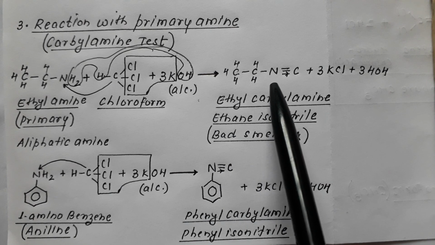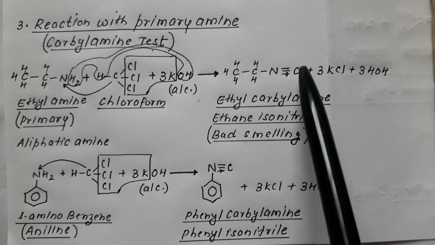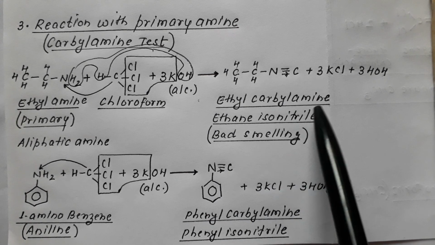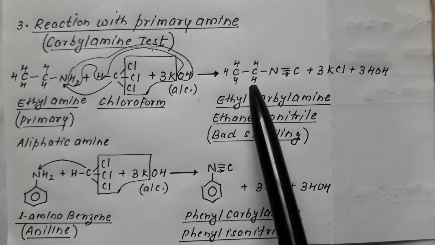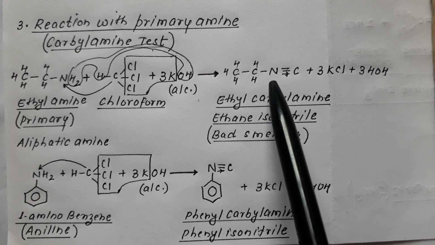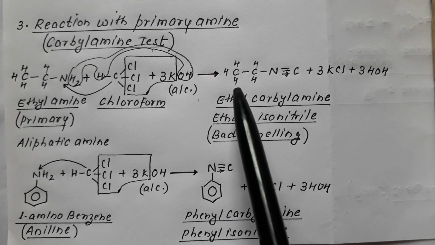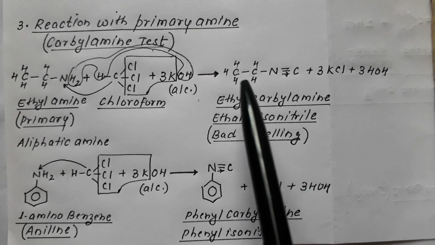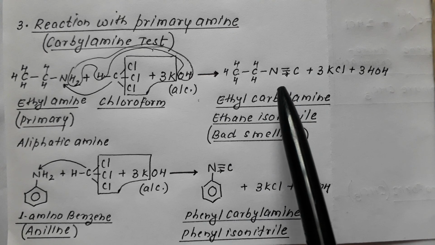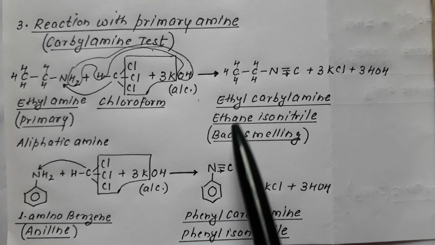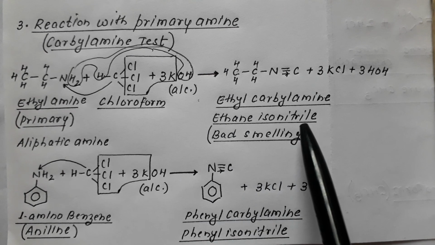If it would have been NH2, it is an amine. Now this amine is having carbon, therefore it is called carbylamine. So CH3, CH2, NH2 would have been ethylamine. So this is ethyl carbylamine, also termed isonitrile.